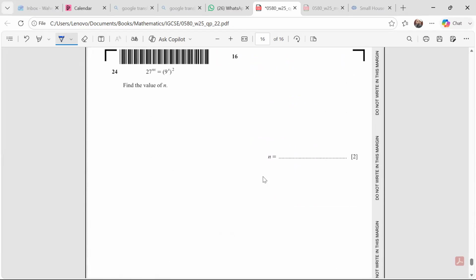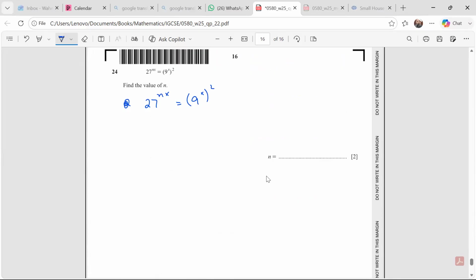Yeah, and it's easy. Solve for n: 27 power nx equals 9 power x and its square.